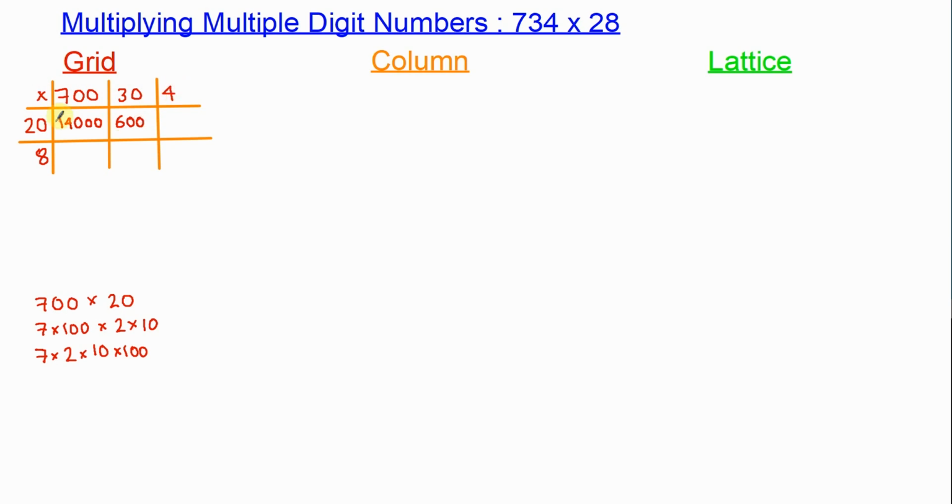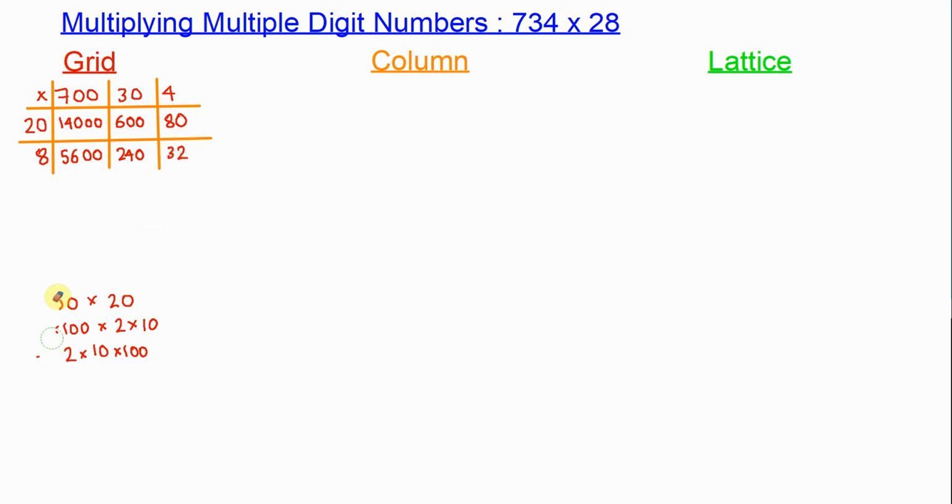And this one we do the 4 times the 2, which gives us 8, and multiply by 10 again. So here it would be 7 times 8, which is 56, and you times that by 100. And this one you do 3 times the 8, which is 24, and you multiply it by 10. And finally you've got 4 times 8, which is 32.